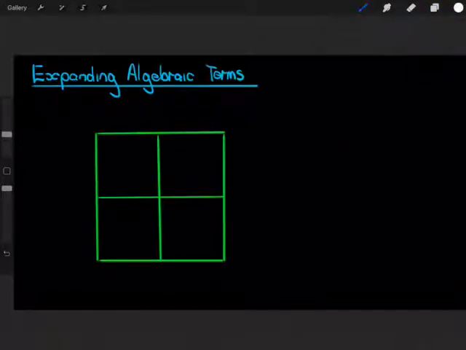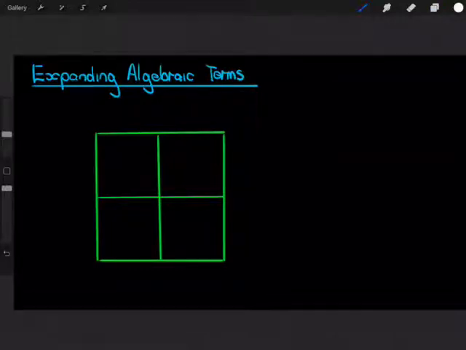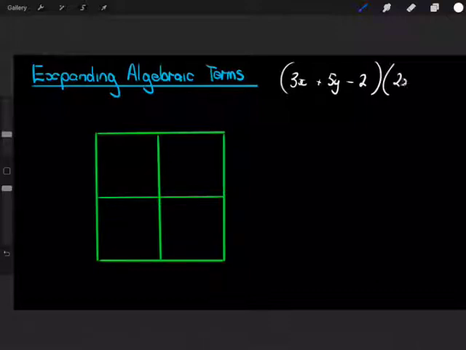Let's say I had a bracket that was, sorry about that, let's say it was 3x plus 5y minus 2 multiplied by 2x minus 4y.